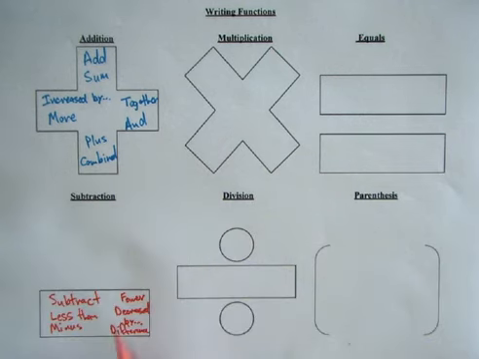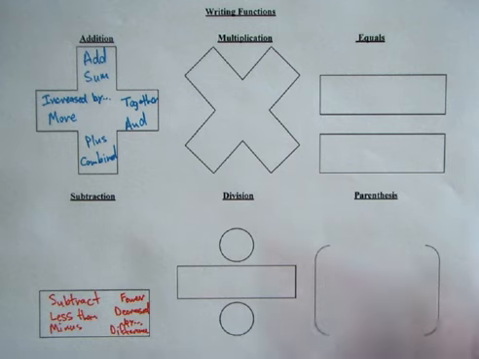So we've got subtract, less than, minus, fewer, decreased by, and difference. So you might say 3 fewer than the number a, or 6 less than x equals, or a number c is decreased by 7, right? That would be subtraction.